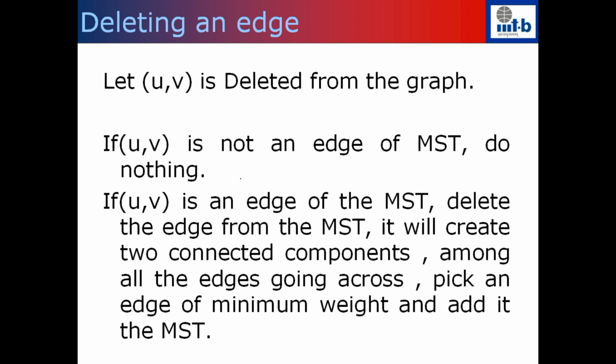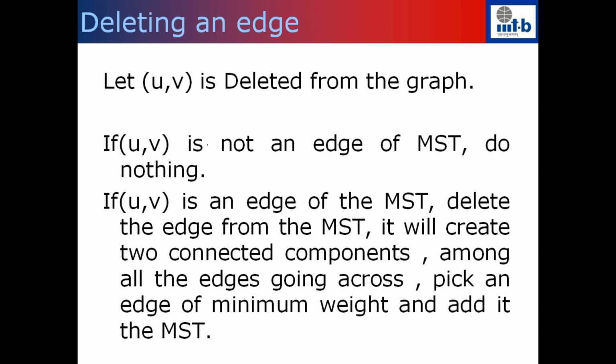When I delete an edge from the graph, there are two cases. If the edge that I have deleted is not part of the MST, then clearly we don't have to do anything. So the MST will continue to be the MST of the new graph after you delete it.